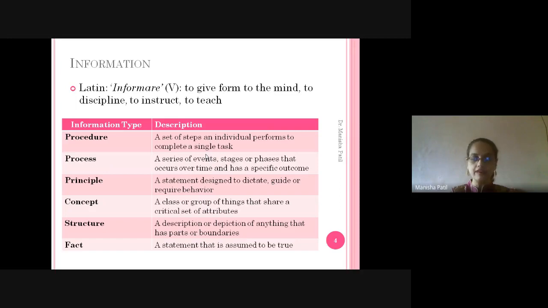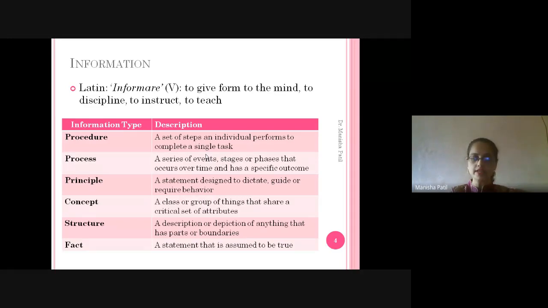Next, we have structure. A description or depiction of anything that has parts and boundaries. When we talk about a building, it is a structure.